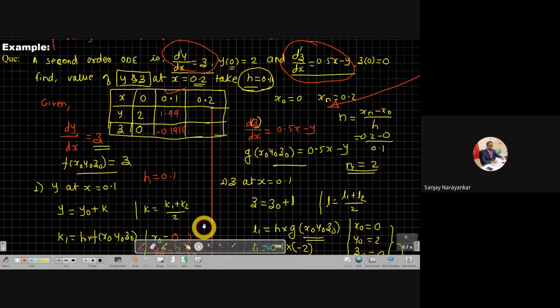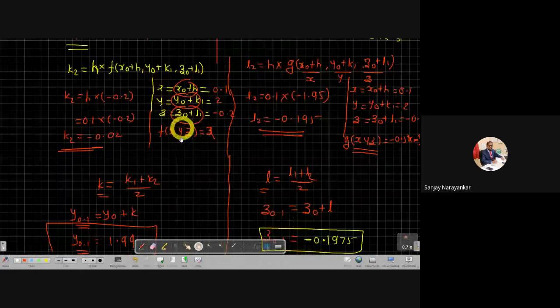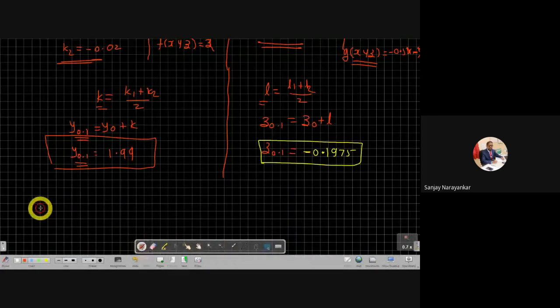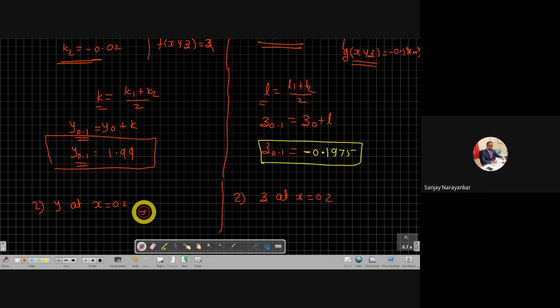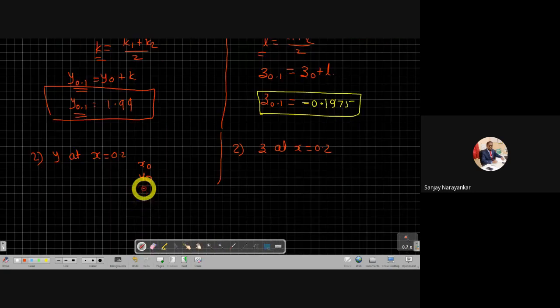Now the same thing you have to repeat for the second iteration. Second iteration is what? Y at x equal to 0.2 and z at x equal to 0.2. So your new x0, y0 and z0 values are 0.1, 1.99 and minus 0.19.